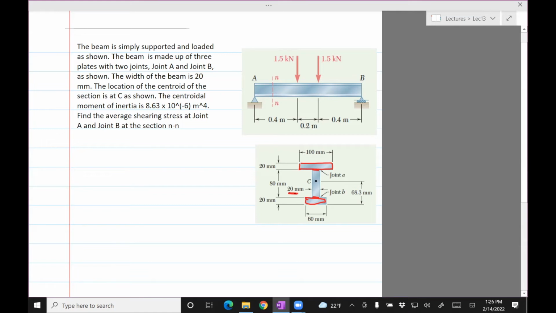Okay, this is the one, 20 mm. And the location of the center of the section is at C. Well, it's kind of obvious, it's going to be at the middle of the vertical beam. The central moment of inertia is 8.63 times 10 raised to negative 6 meter raised to 4. Find the average shearing stresses at the joints A and B at section NN, here.